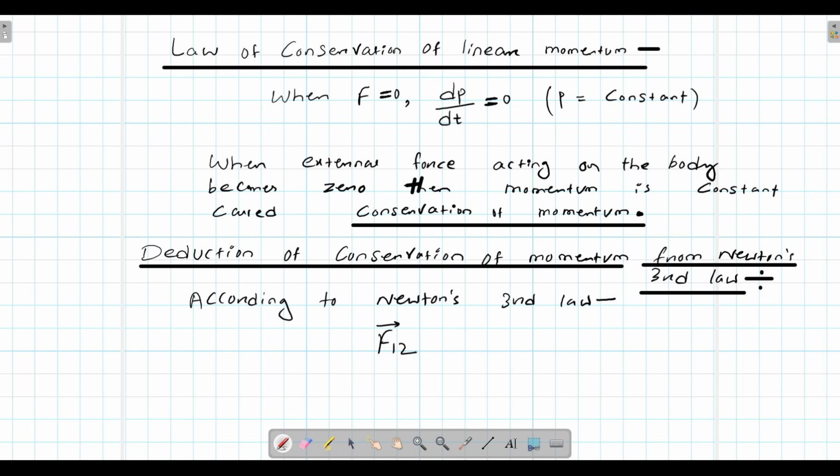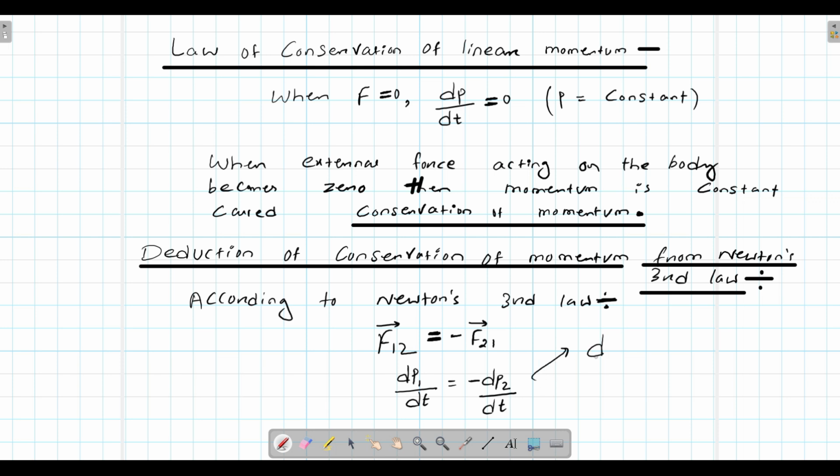F12 equals minus F21. According to Newton's third law, F12 equals minus F21. F12 is dp by dt, equals minus dp by dt.